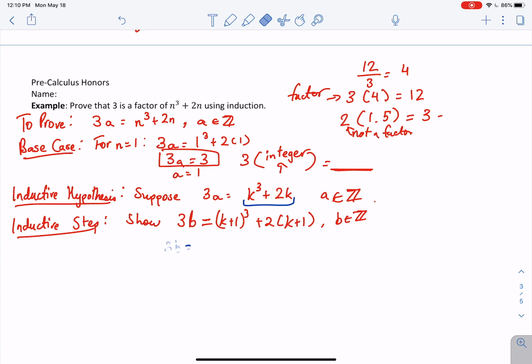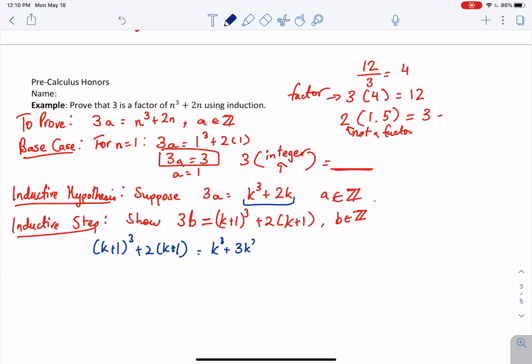So k plus 1 cubed plus 2 times k plus 1. Well, that equals, I can expand out the cube, which is k cubed plus 3 times k squared times 1 plus 3 times k times 1 squared plus 1.